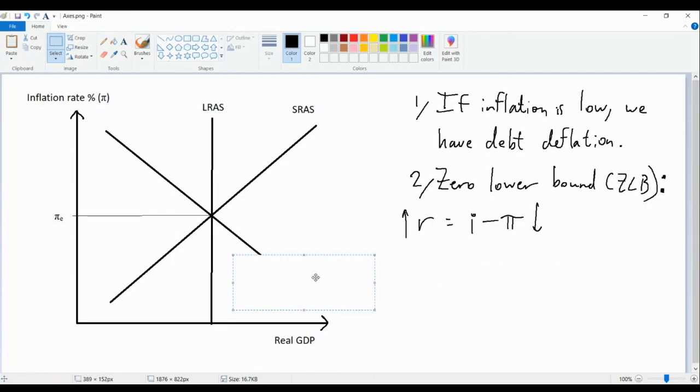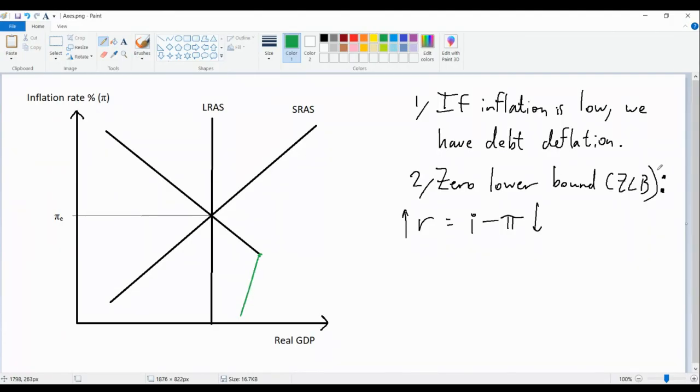So how does the textbook do this? The way the textbook tries to deal with this is it says that, again, below some point, either because of this factor or this factor, the demand curve no longer slopes down, and actually starts to slope upwards, i.e., as inflation goes below a certain level, maybe this is zero, now demand actually starts to decrease.